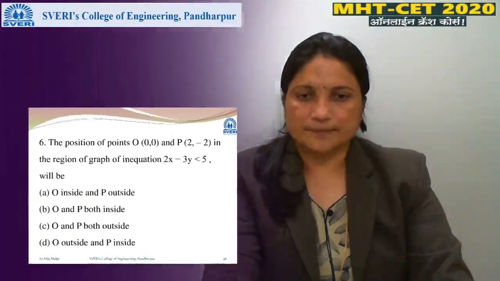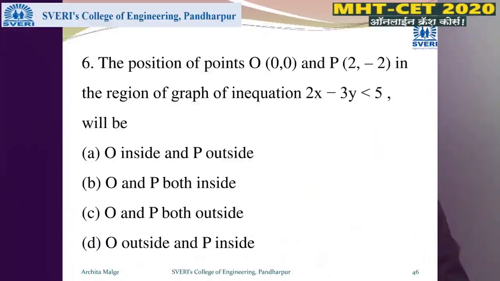The next one, the position of points O, that is the origin 0, 0, and P, 2, minus 2, in the region of graph of inequations 2x minus 3y is less than 5 will be.